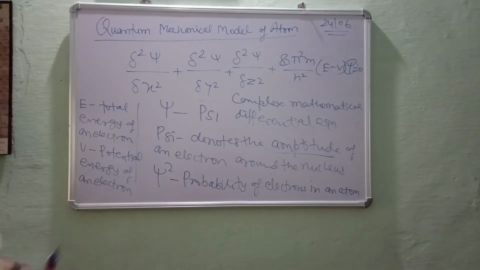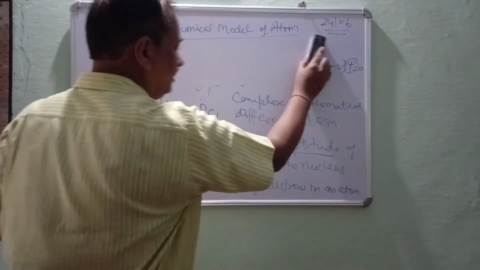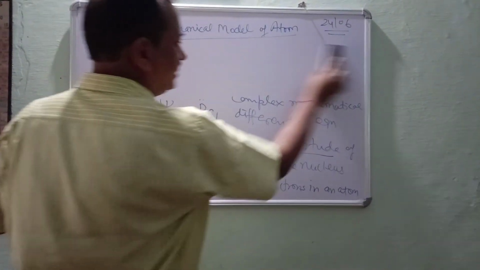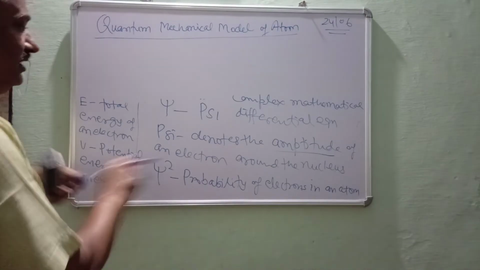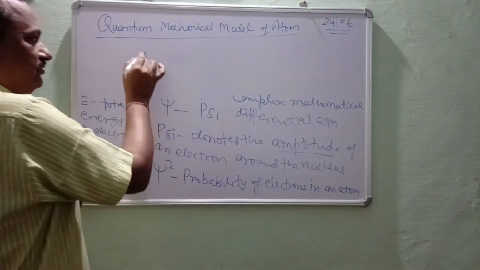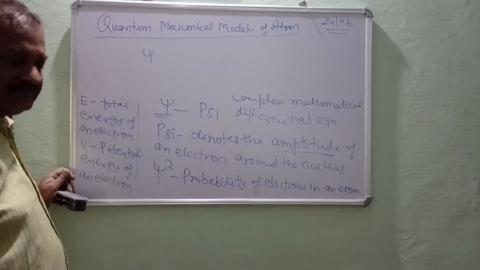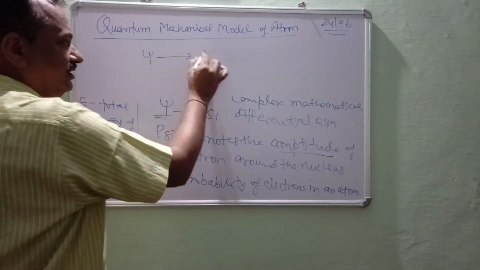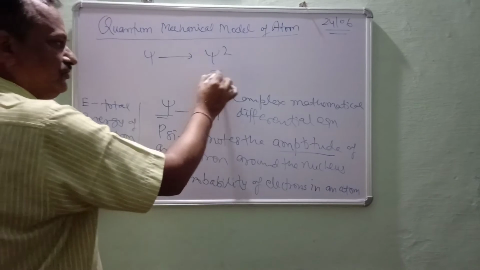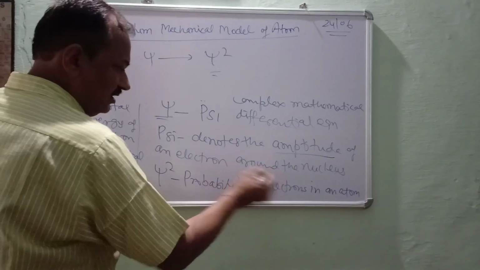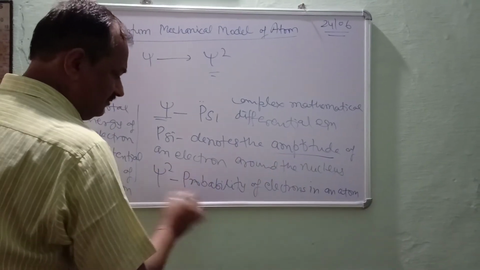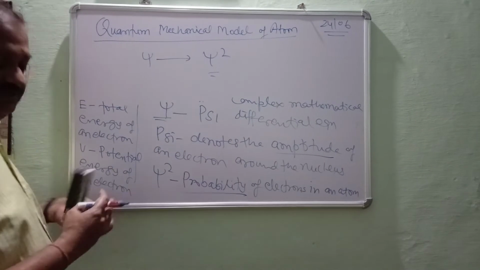Psi has no specific function, so on squaring we get psi square, which is the probability of finding the electron around the nucleus of an atom.